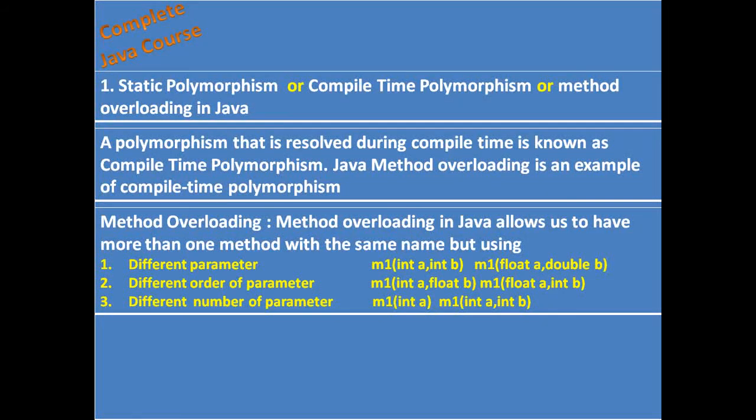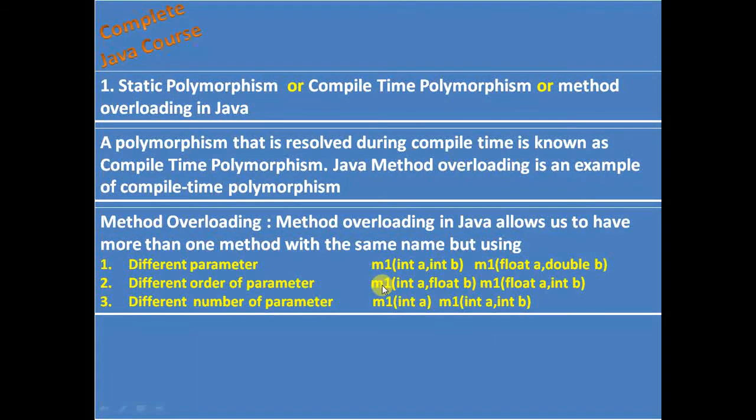How can you say that two methods are overloaded? Suppose these m1 and m1 are two different methods, or we can say these are overloaded methods, because the method name is the same but the argument type is different. This method takes int type parameters, and this method takes float type and double type parameters.